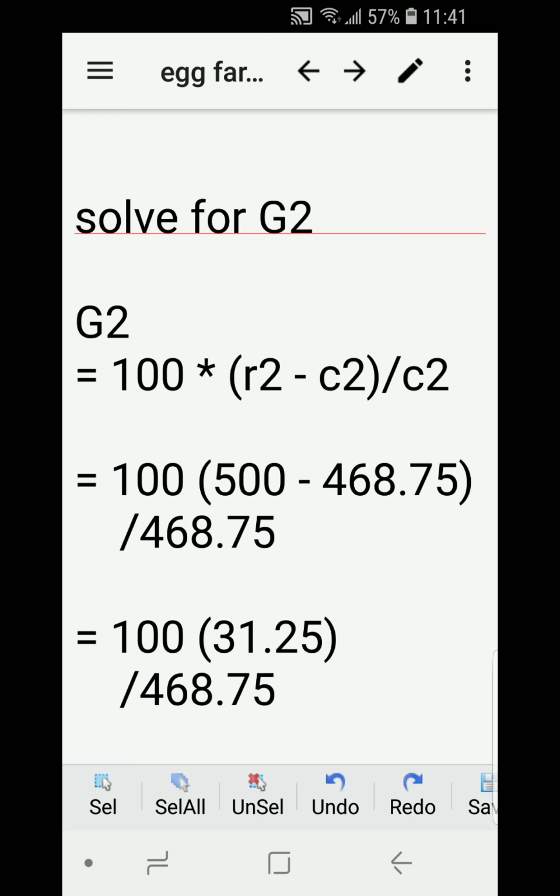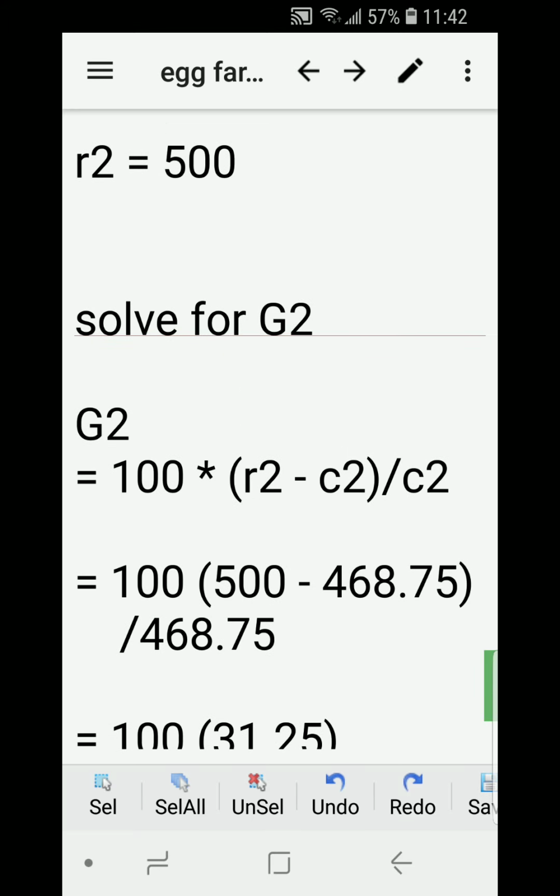So G2, we use the same formula, is equal to 100 times the quantity R2 minus C2 divided by C2. We substitute the values that we solved.